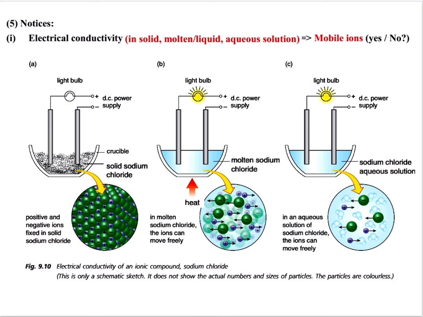And for this, with heat, it will melt the solid to liquid. So molten means it melts. And for this, the light bulb lights up because we have mobile ions here.